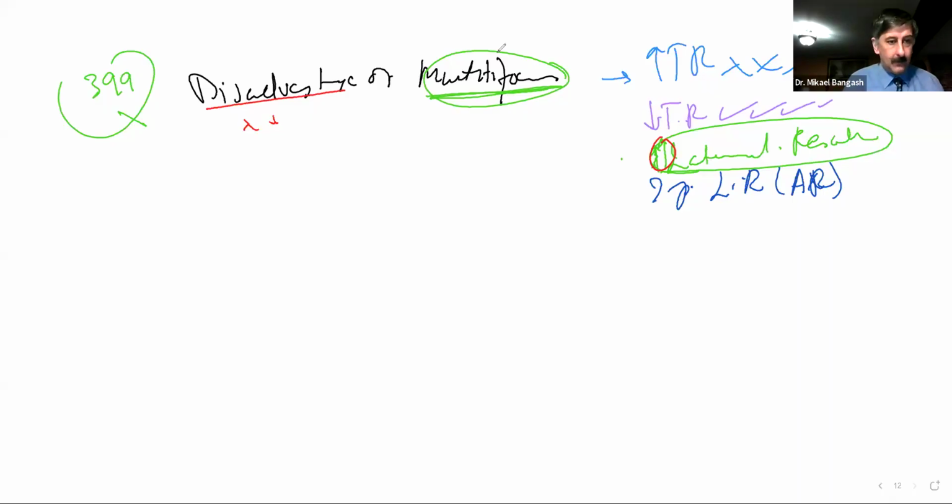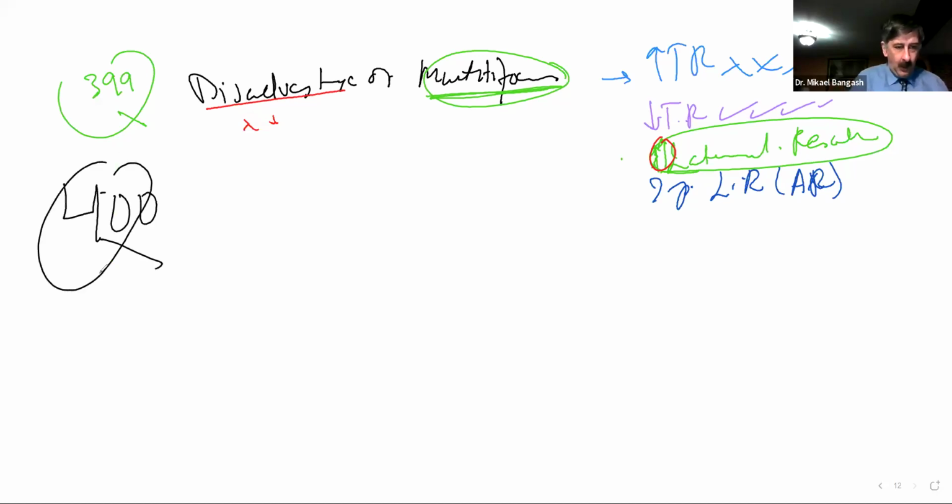Okay, guys. Question number 400. What is the primary advantage of multiple focal zones along each scan line of a 2D image? And that's what we just said.